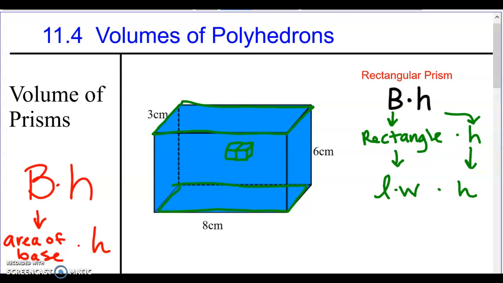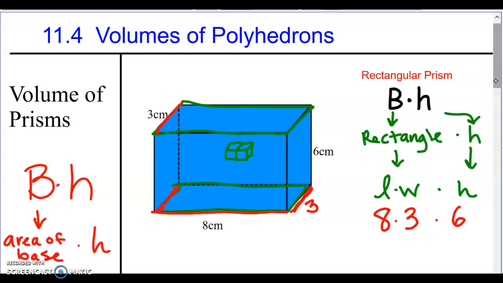So on this one, what is the length and the width of our rectangle? Well, here would be my length. That would be 8. What is the width of my rectangle? Well, it's this piece down here. How much is that? Well, it's the same as this piece over here, and the same as this piece up here. All right, so 8 times 3. And then how tall is the prism? 6.